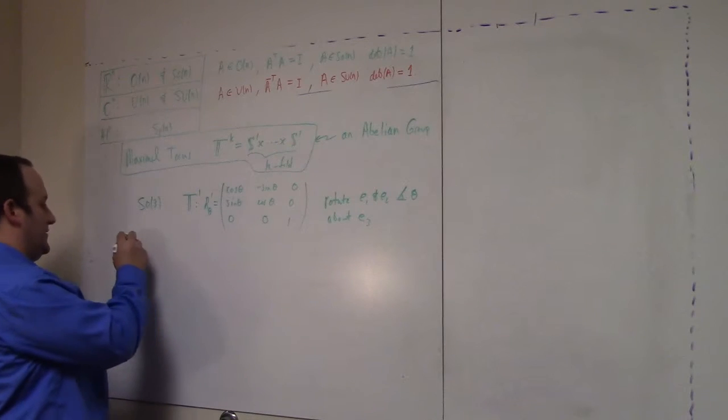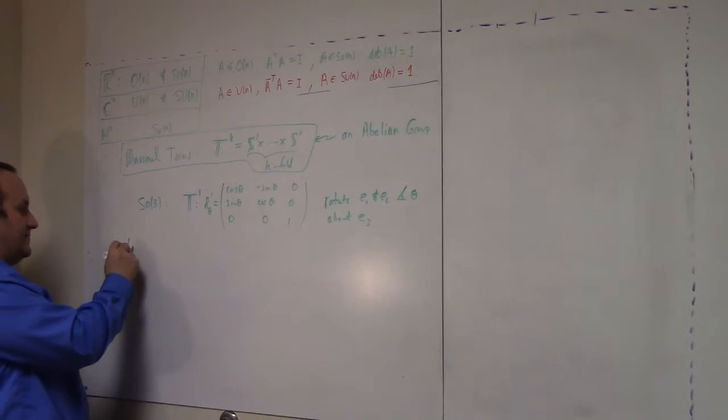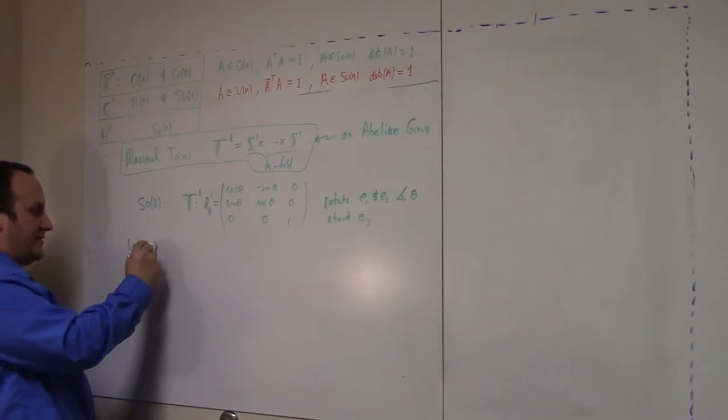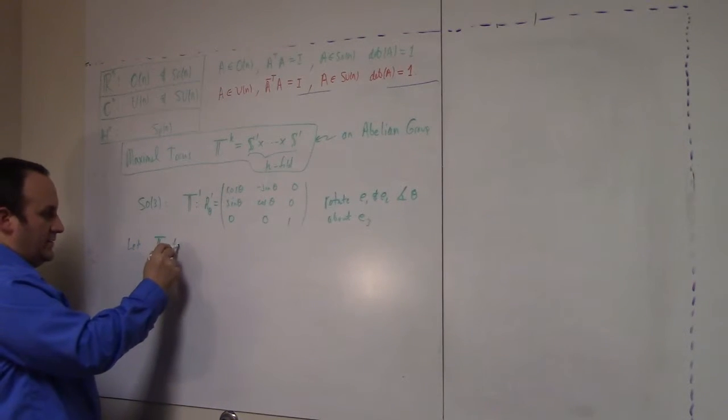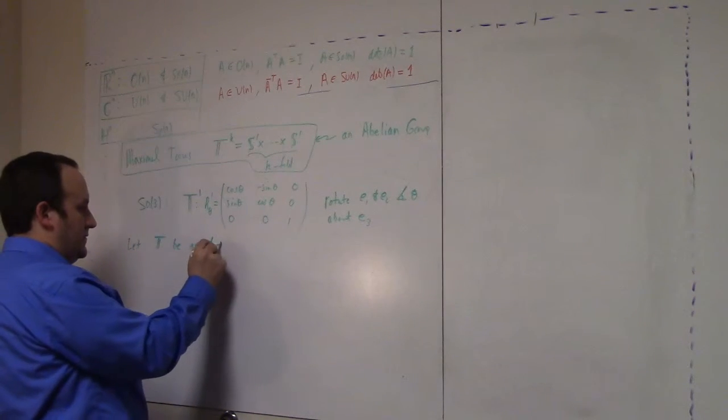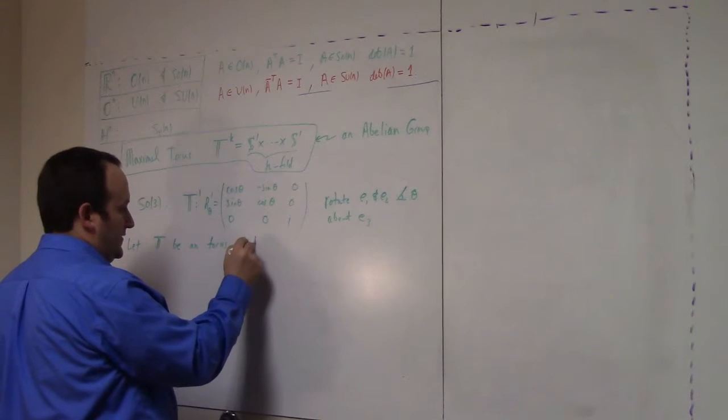He looks at it, he says, so let, see if we can understand from his argument here, let T be any torus which contains T1.